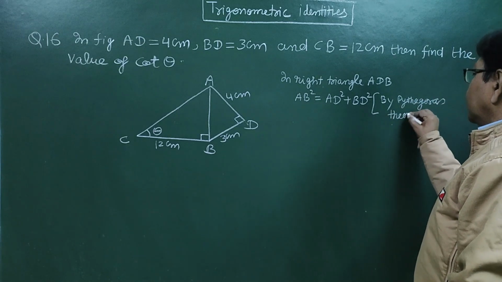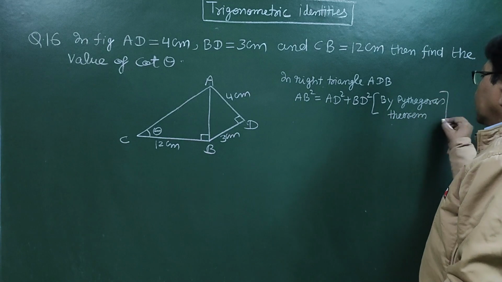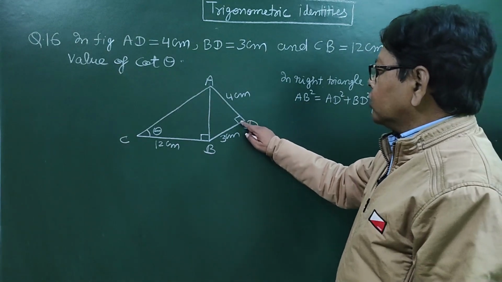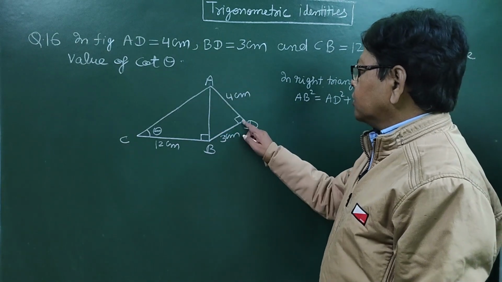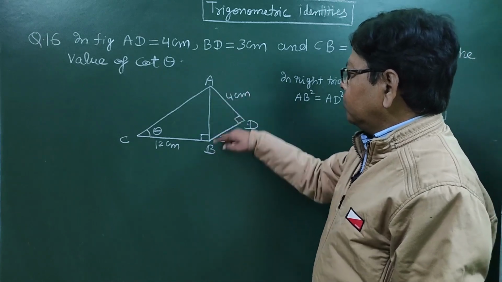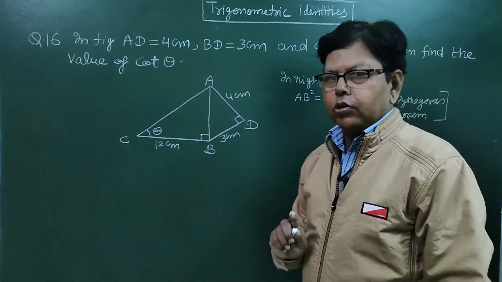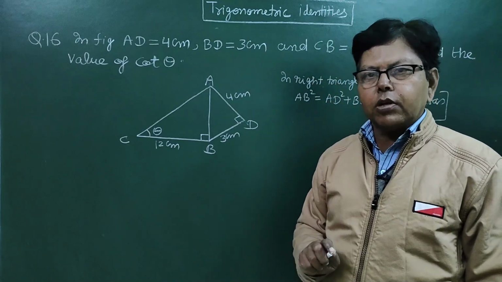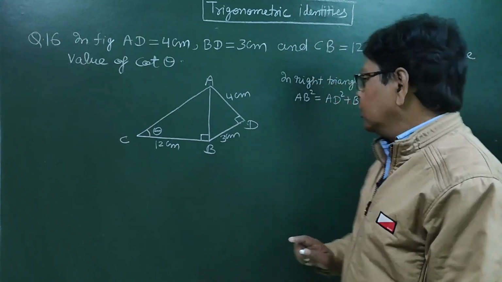You all are familiar with Pythagoras theorem. The square of the side opposite to the right angle, that is the side opposite to this angle D, which is the right angle, is AB. So the square of the side opposite to the right angle is equal to the sum of the squares of the other two sides.